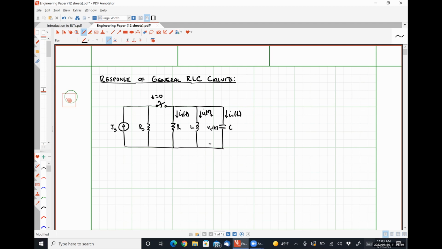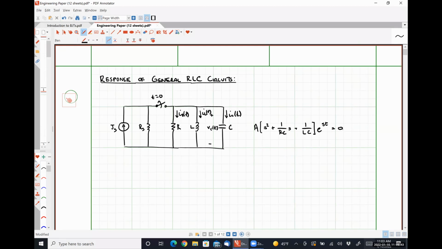The result was something of the form A S squared plus 1 over RC times S plus 1 over LC e to the st was equal to 0.